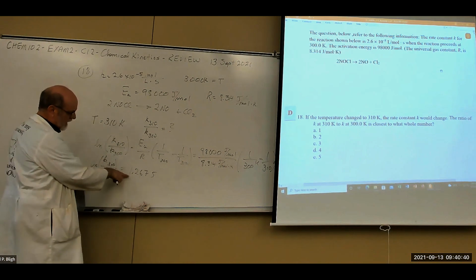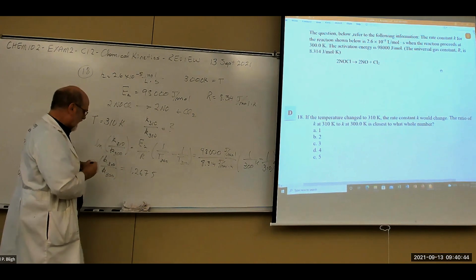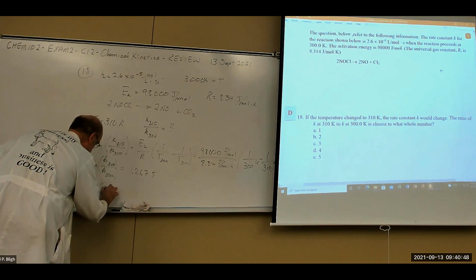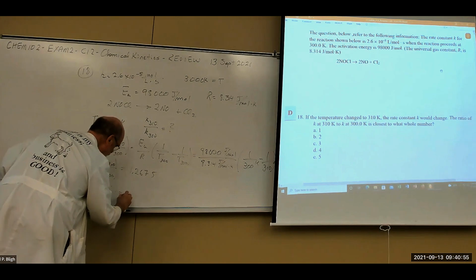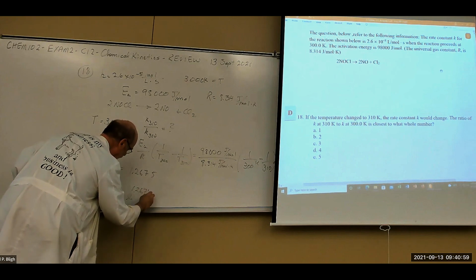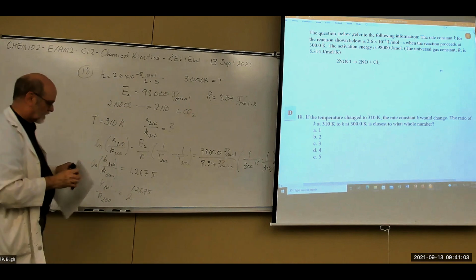Well, we take the anti-log of this, right? Which is actually this: K at 310 divided by K at 300 equals e to the 1.2675. That's the anti-log on your calculator.